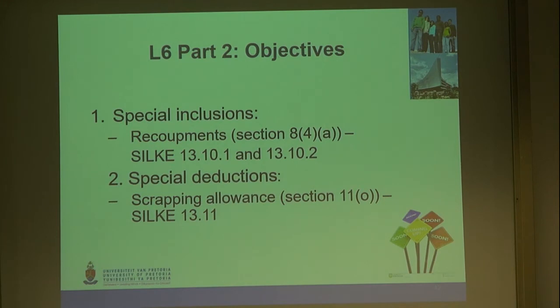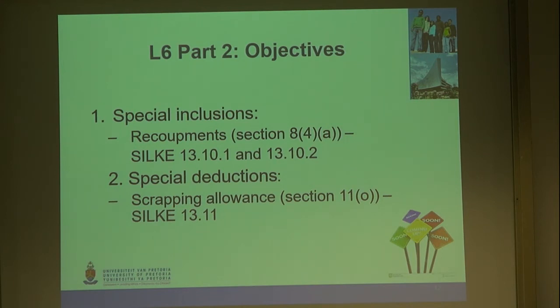Now what is the tax value? Tax value is the cost of the asset minus all the allowances that you've been able to claim on the asset. So in accounting, you would look at the book value of the asset. For tax, we look at the tax value.